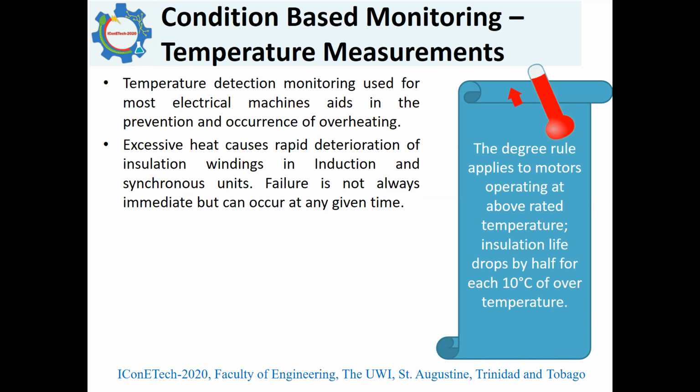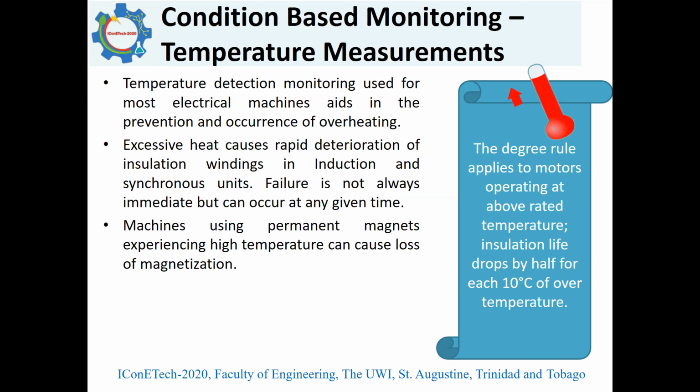Now, there's a degree rule that applies to a motor operating at rated temperature or above rated temperatures, and that is insulation life drops by half every 10 degrees of over temperature. So this is something you really, really want to avoid. Failure is not always immediate, but it can happen at any given time, and that is somebody's nightmare.